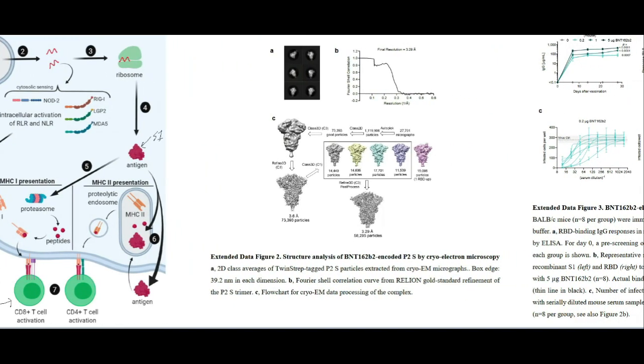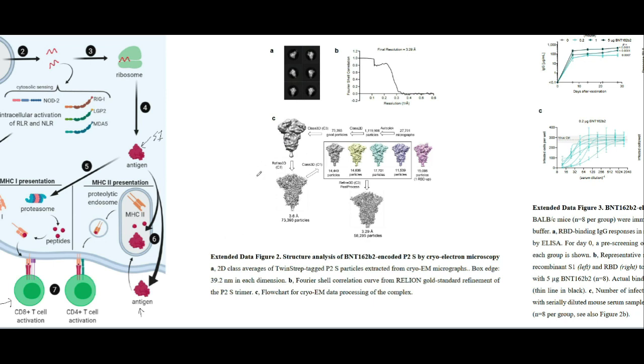And so these are the structures of the antigen that Pfizer produced. This is actually a figure from the paper that has recently come out. These were generated by cryo-electron microscopy, and so I couldn't find these structures on the Protein Data Bank or on the EMBO cryo-electron microscopy database or anything like that.